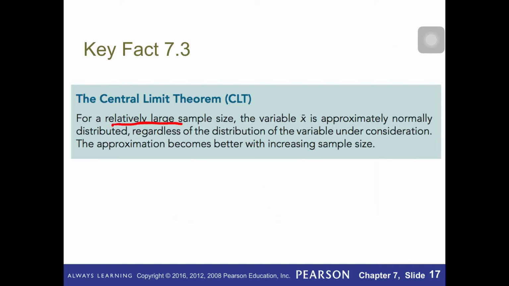For relatively large samples, the variable x bar is approximately normally distributed, regardless of the distribution of the variable. It doesn't matter about the variable. If we have a large enough sample size, the distribution of x bar is approximately normal. It becomes better and better when we increase the sample size.